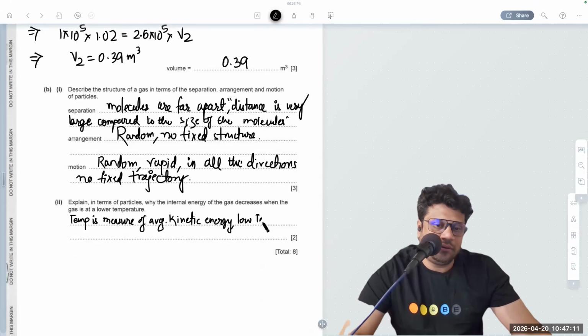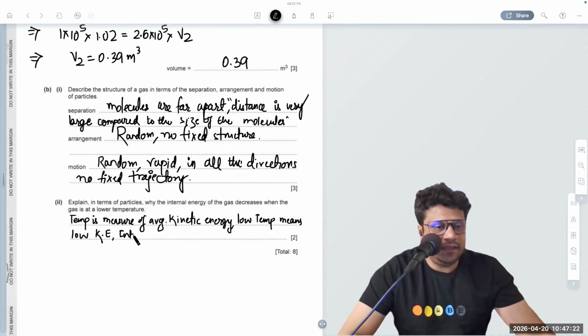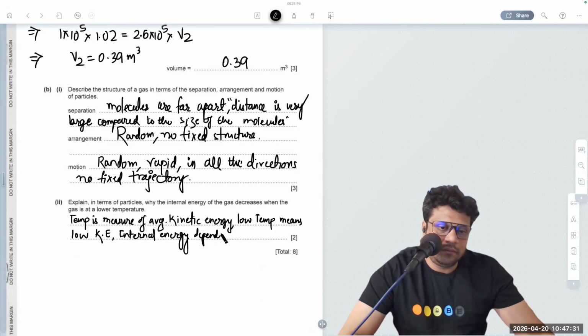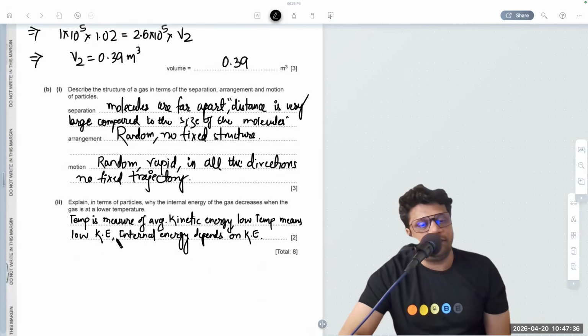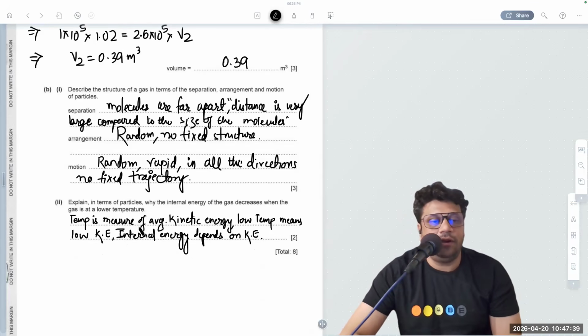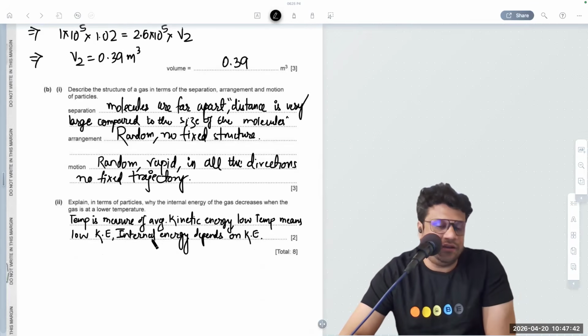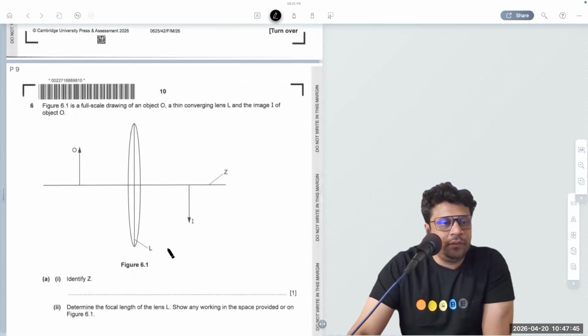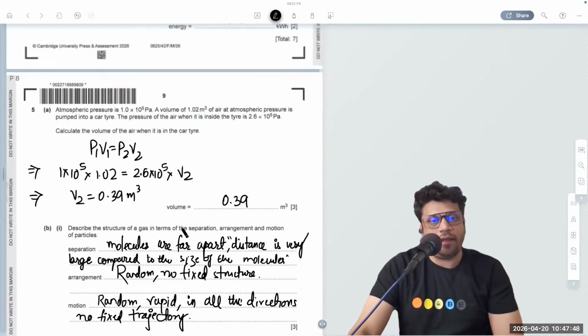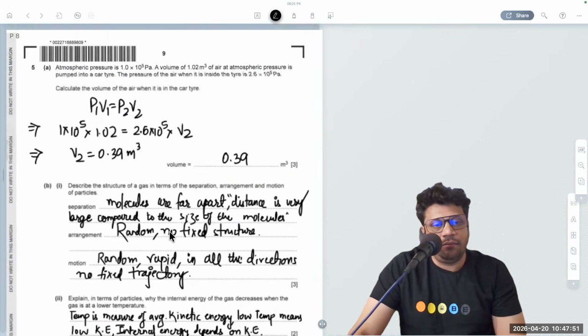Low temperature means low kinetic energy. Internal energy depends on kinetic energy, and that is how you know low temperature, low kinetic energy, and low internal energy it will be. Okay. That must be 2 marks. I hope it's 2 marks. Let's see.